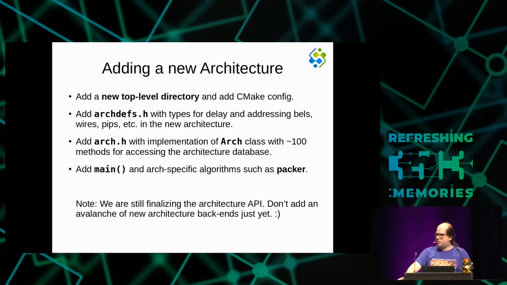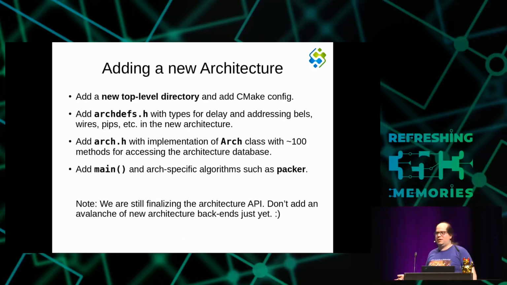And archdefs.h contains a couple of data types that are architecture specific. For example, one of those data types is called bell ID. And different architectures might use different underlying data structures to represent the bell ID. So on one architecture, it might just be an integer.